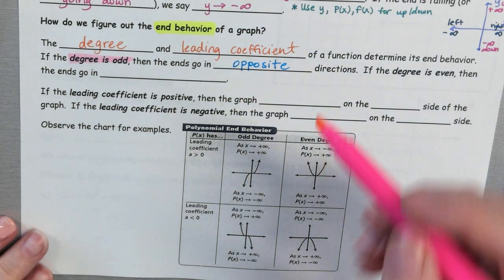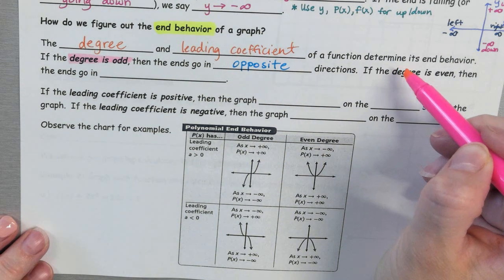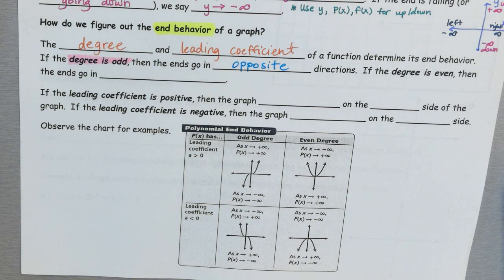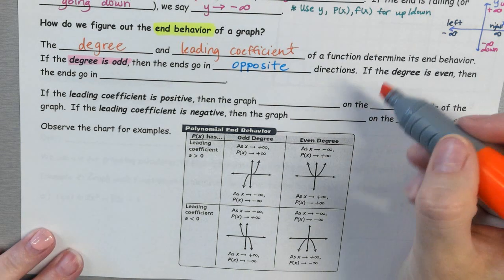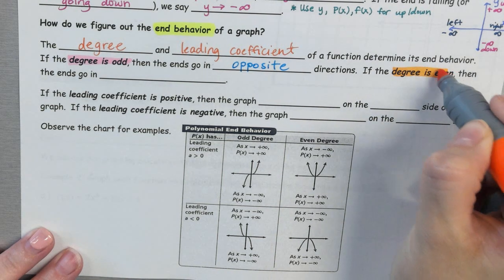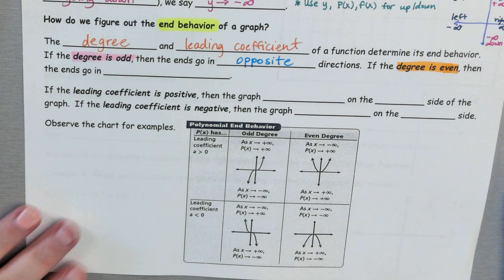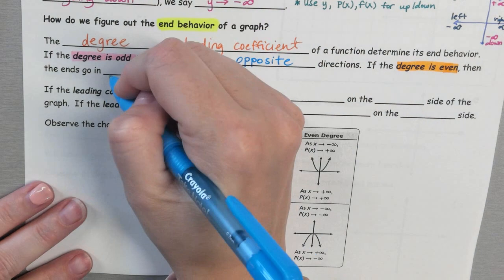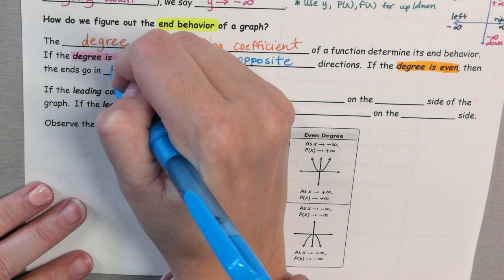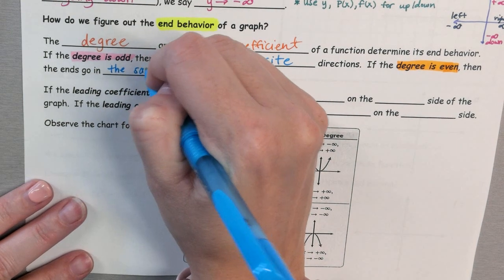If the degree is even, the ends go in the same direction.